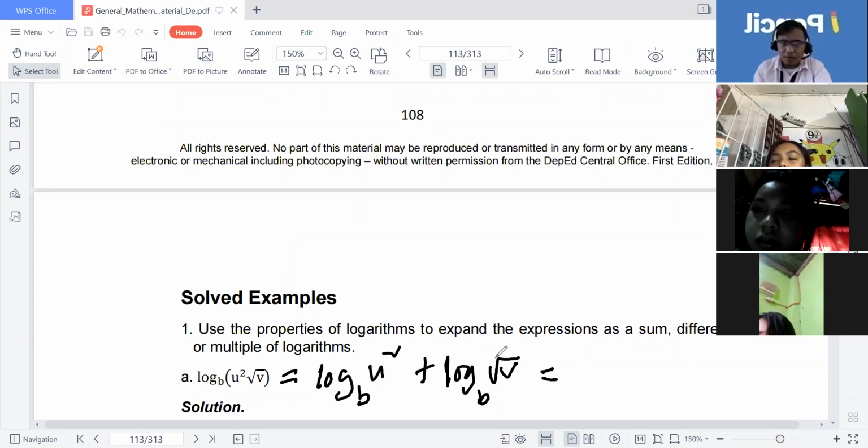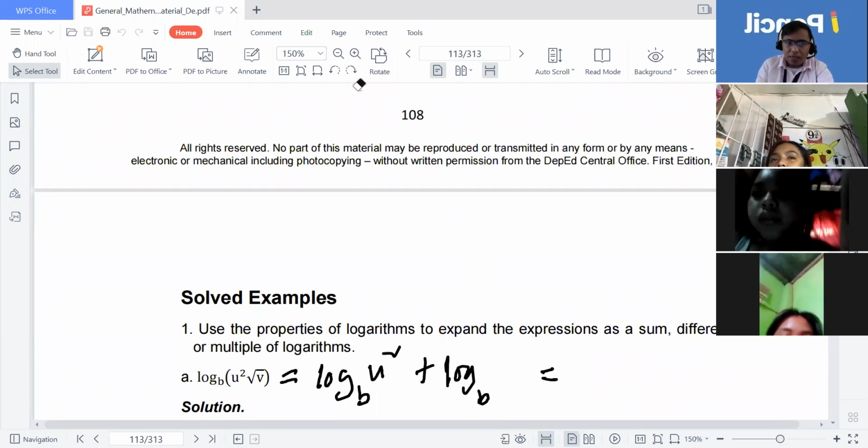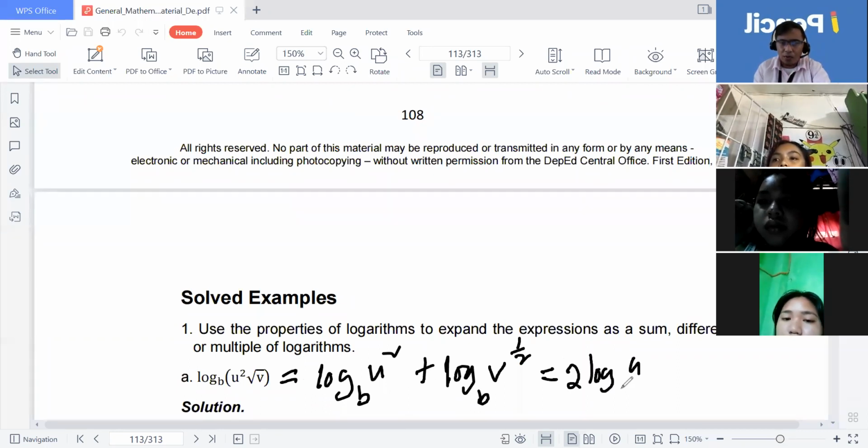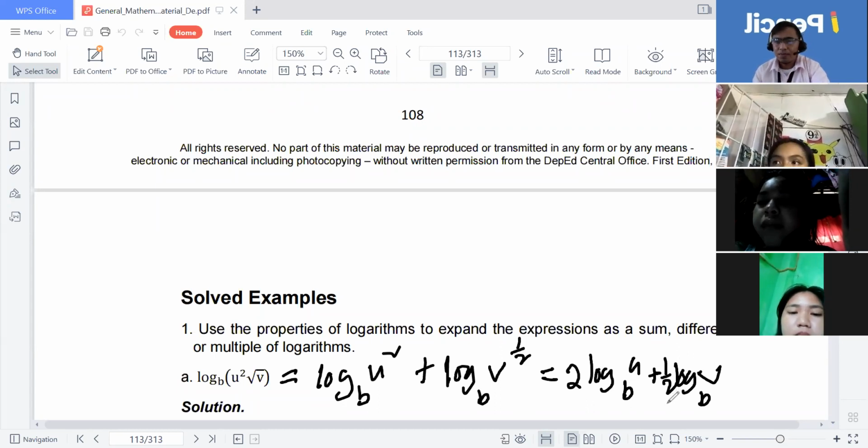After that, class, the square root can be rewritten as v raised to 1/2, right? So that can be written as v raised to 1/2. The exponents can be placed beside the logarithm. So it will be 2 log of u base b plus 1/2, because this can be written beside it, log of v base b. And this is now the answer. Got it?